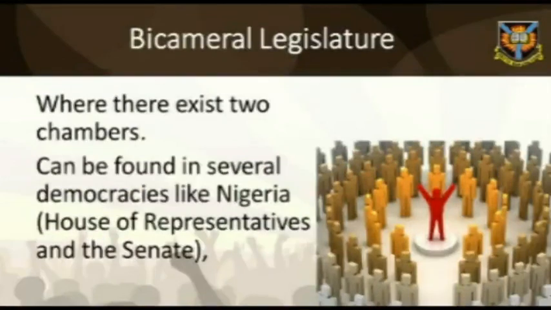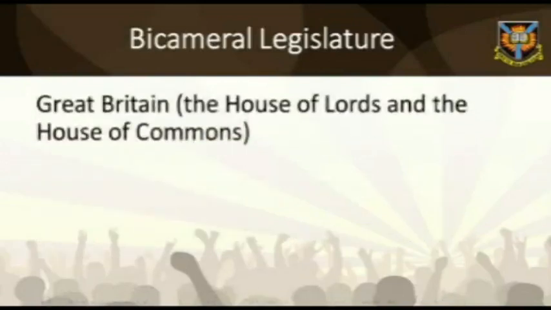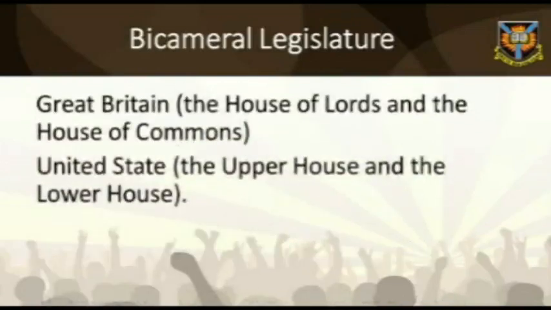Bicameral legislature. In this type of legislature, there exist two chambers. This form of legislature can be found in several democracies like Nigeria, which has the House of Representatives and the Senate, Great Britain, with the House of Lords and House of Commons, and the United States of America, with the Upper House and the Lower House.